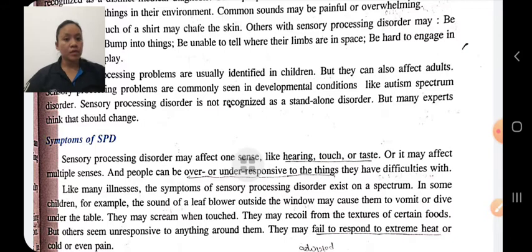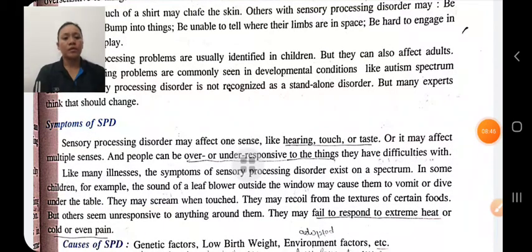If his senses do not respond, then he will not feel any pain, and it may be harmful for a person. He may fail to respond to extreme heat, cold or even pain.